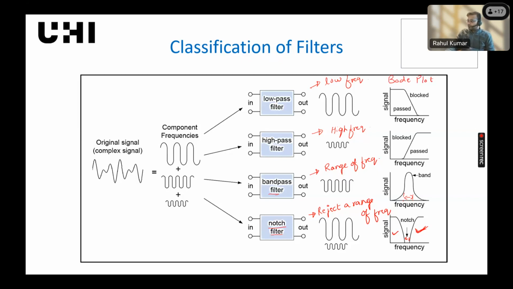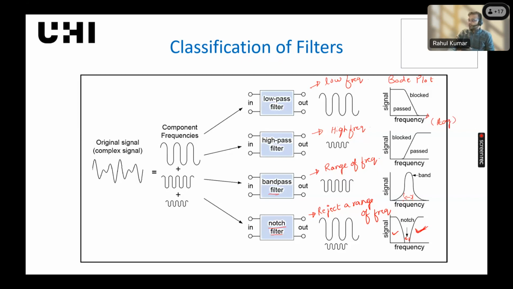So we had the amplitude in decibel dB on the vertical axis, and along the horizontal axis or along the x-axis we had the frequency in logarithmic scale. Right? So we are going to use a lot of Bode plot to show the working of these filters.